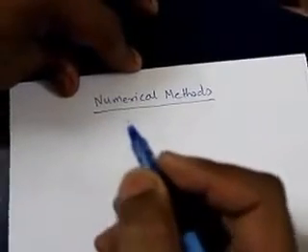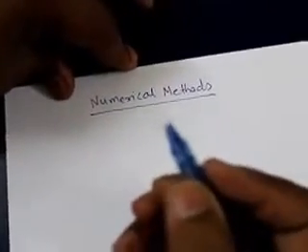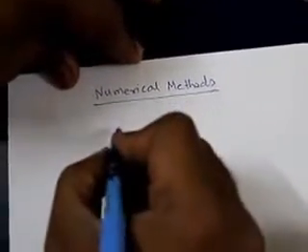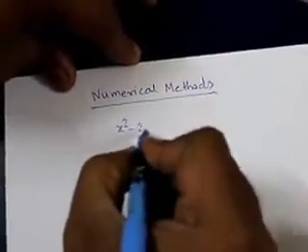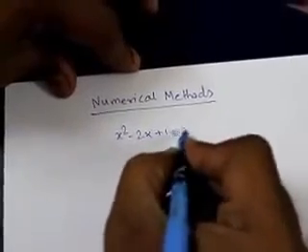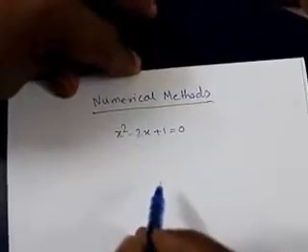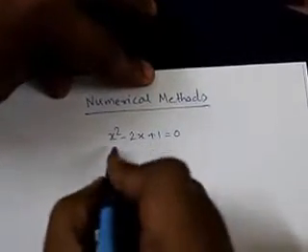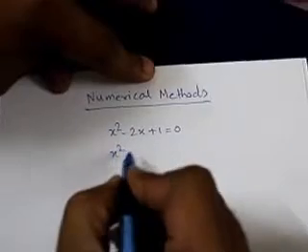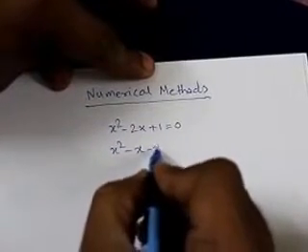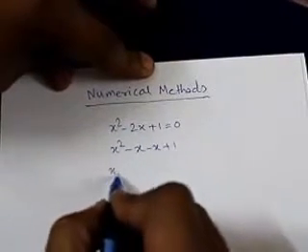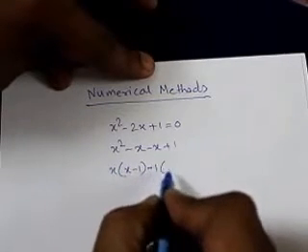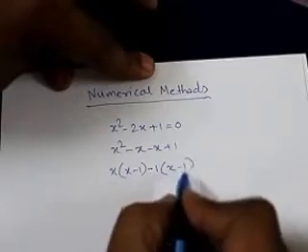There are certain methods like analytical methods. For example, factorization of a quadratic equation. Let me take an example: x square minus 2x plus 1 is equal to 0. As you can very well see, and most of you would have guessed, this is x square minus x minus x plus 1, so x into bracket x minus 1, minus 1 into bracket x minus 1, right?